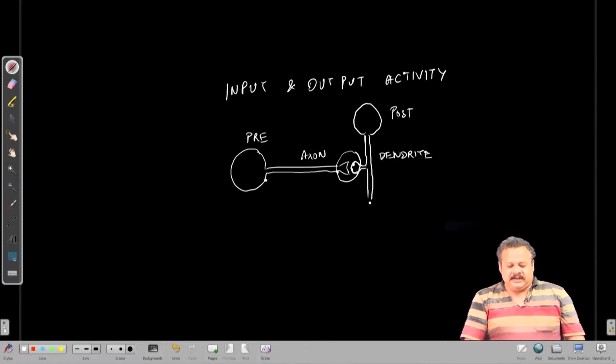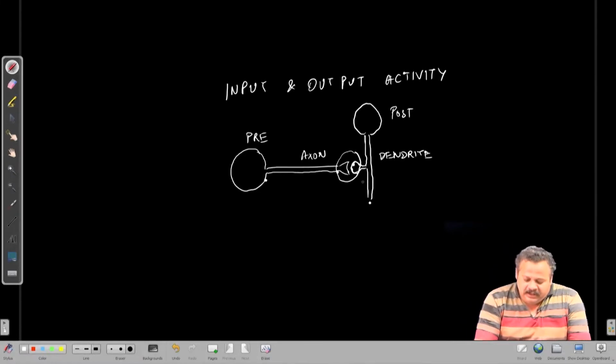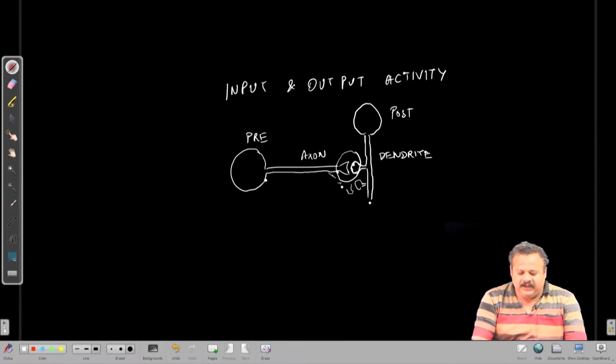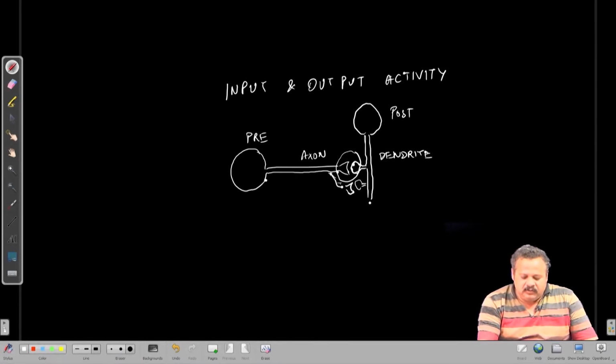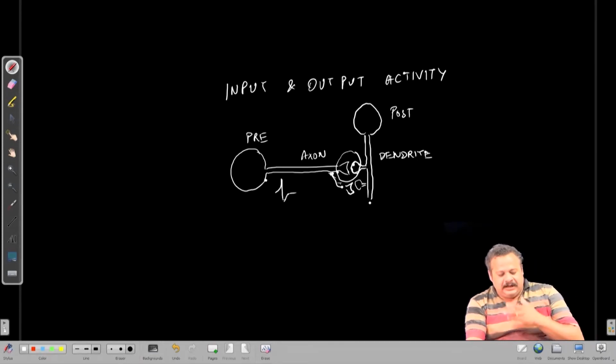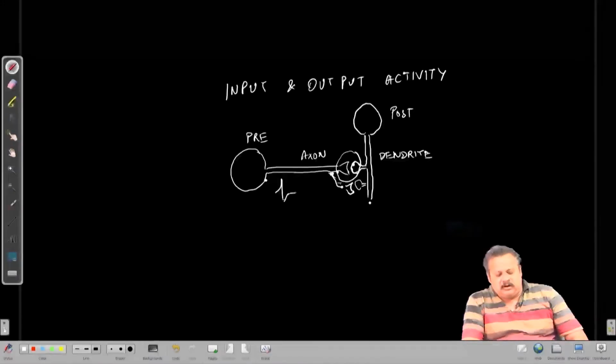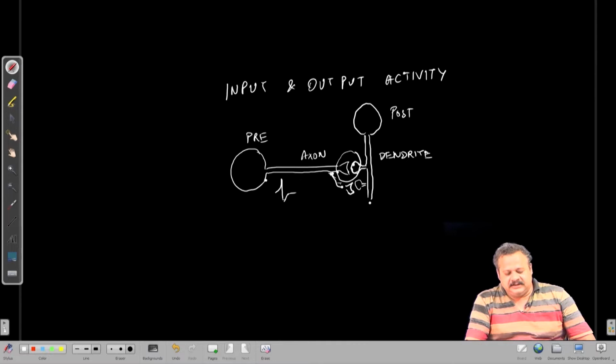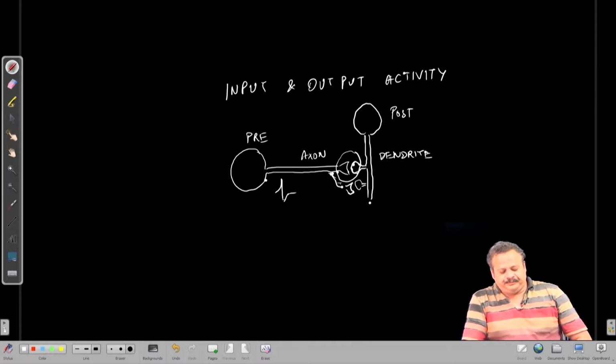All these kinds of things can happen. And similarly, here also there can be new spines forming, and collaterals forming, which effectively can increase the strength of these synapses. That is, due to a spike on the presynaptic side, there will now be more current in the dendrite of the postsynaptic neuron, and will effectively enhance the synaptic strength.